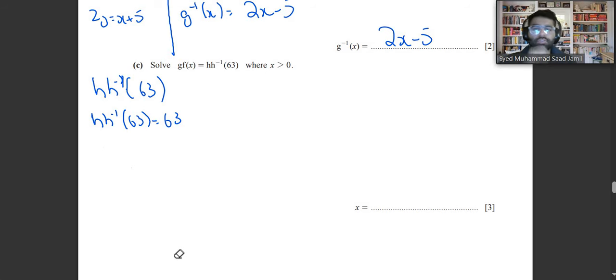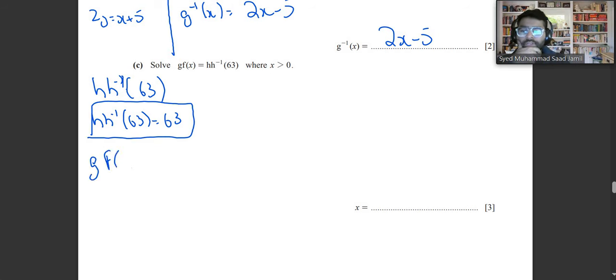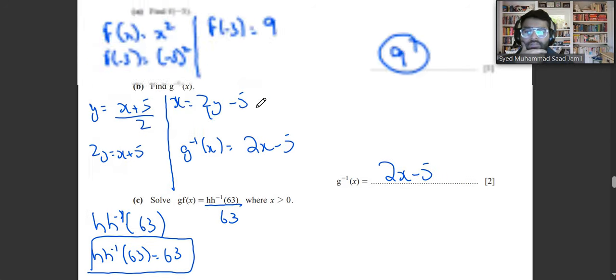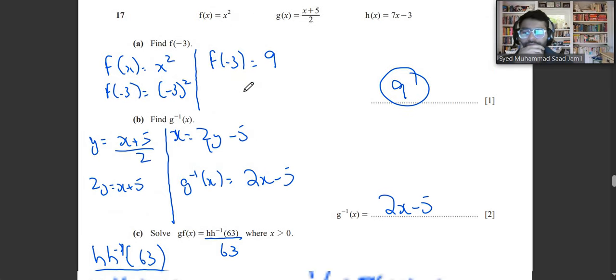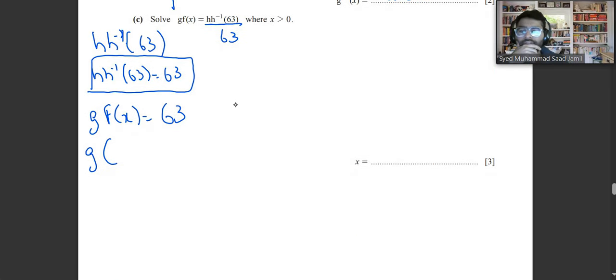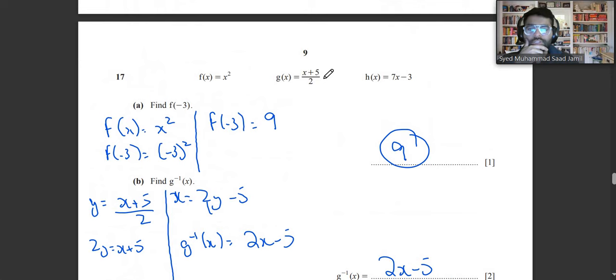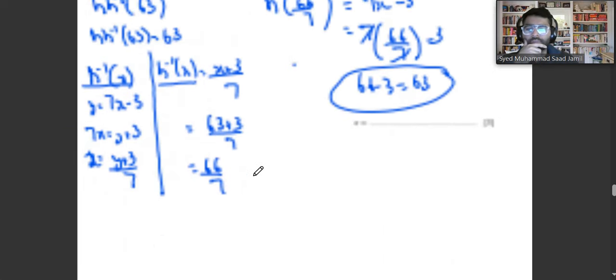You guys just need to follow this method. Make your life easy. This means g f of x is equal to 63 because this value is 63. First of all, g, and in place of f of x, write the value of f of x, which is x square. First find g of x square. What is the value of g? g of x is x plus 5 upon 2.